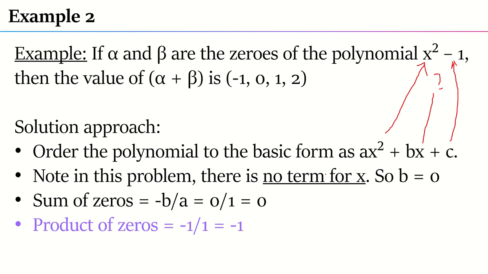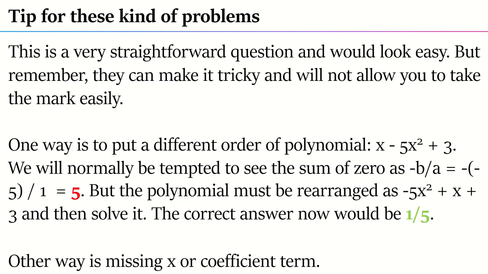So there is no x term for this polynomial, so the value of b is 0. So the sum of the zeros is minus b by a, which is 0 by 1, which is 0. So this is your answer. Just as an extended solution, we can find out the product of the zeros, which is c by a. C is minus 1. Minus 1 by 1 is equal to minus 1.